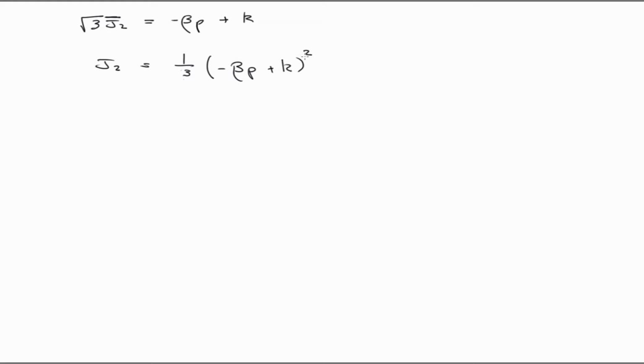Okay. Now take the derivative of both sides. We know the derivative of the left-hand side is Sij, right? We've established that. Then for the derivative of this side, we just use the chain rule.